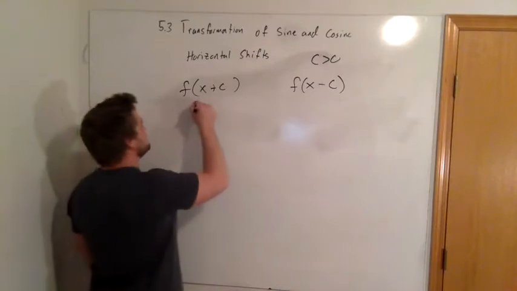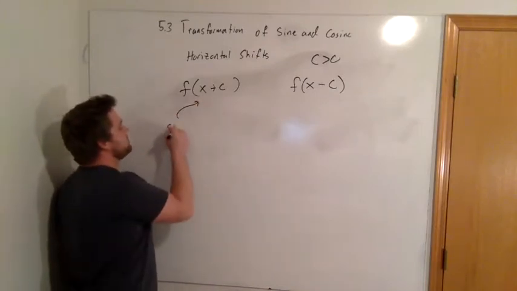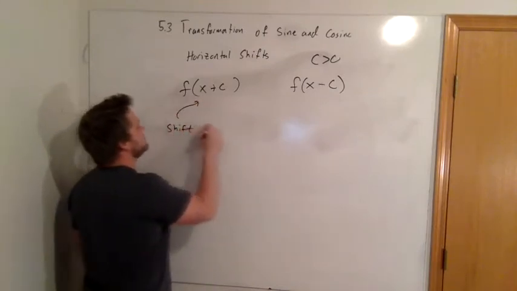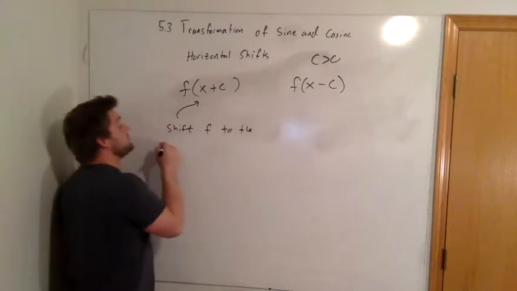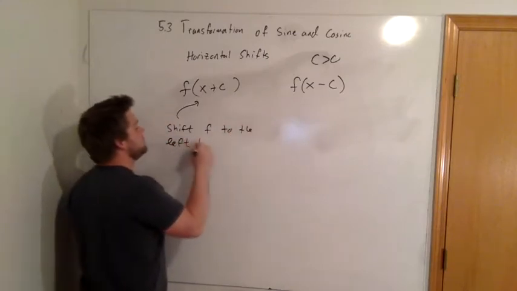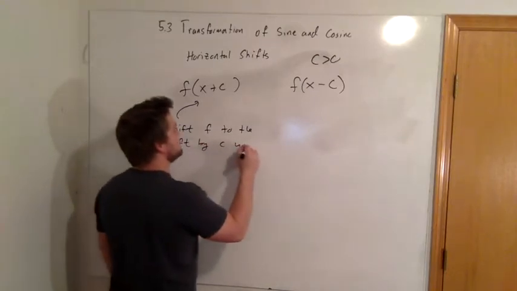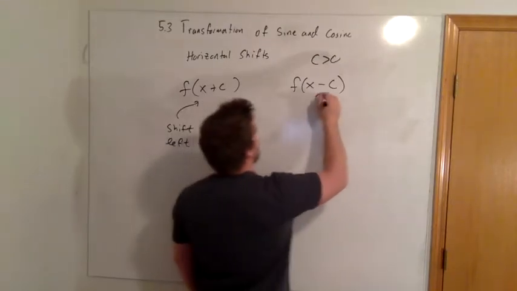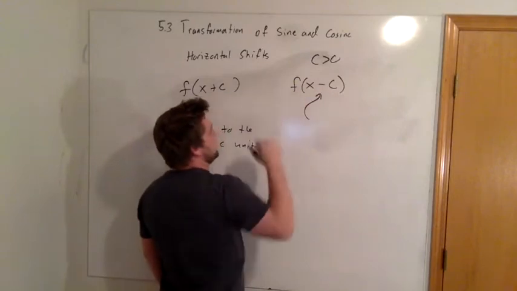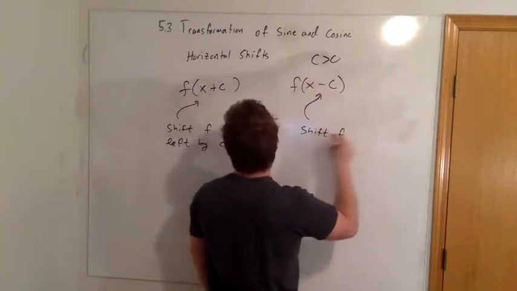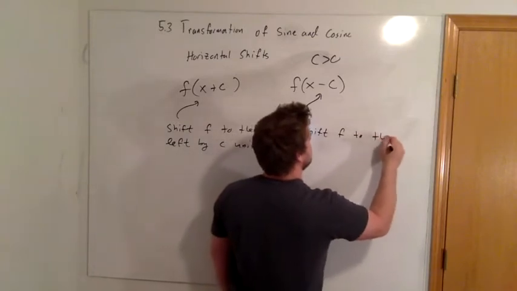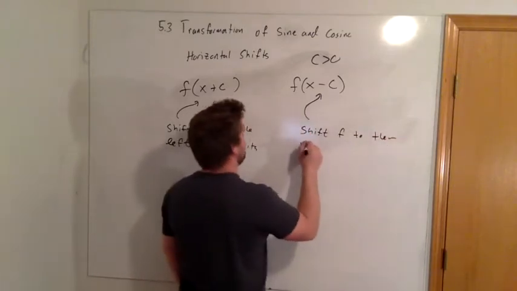In this case, adding is going to shift f to the left by c units, and if I subtract a positive value from the x value, this will shift f to the right by c units.